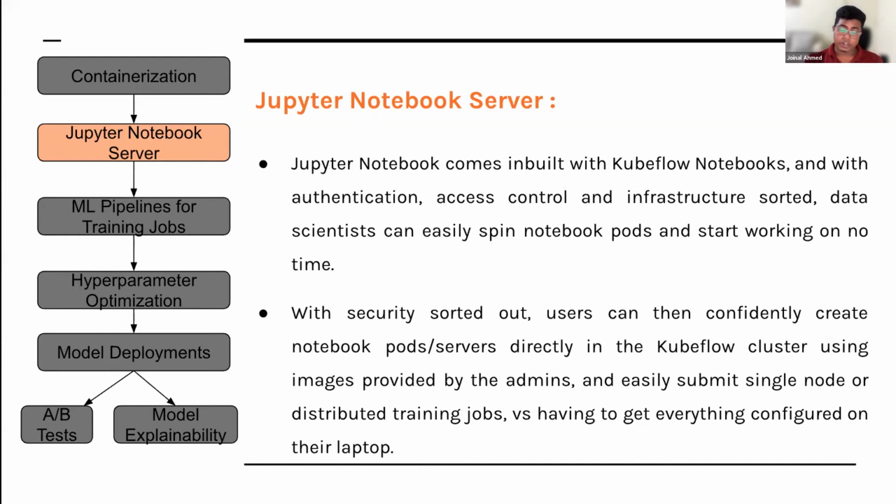But in Jupyter notebooks, we can divide all the segments into different cells, and then explain to them from there. And with Kubeflow notebooks, which come with authentication, access control, and infrastructure sorted out, it also enables teams to collaborate together. People from the same team can access each other's notebooks and see how they are doing the work, or collaborate to solve issues.